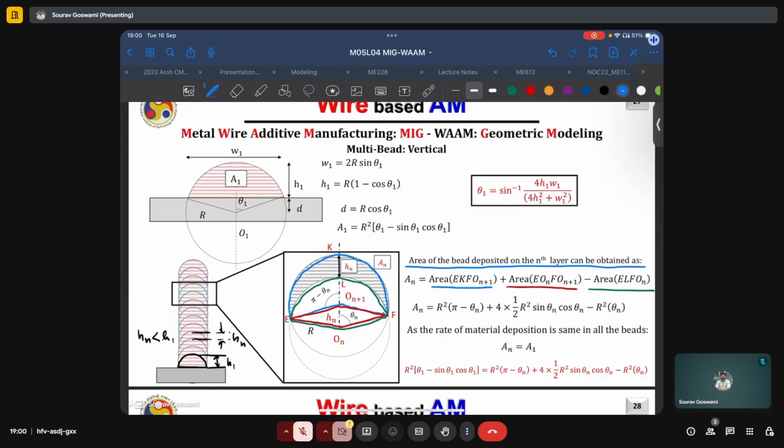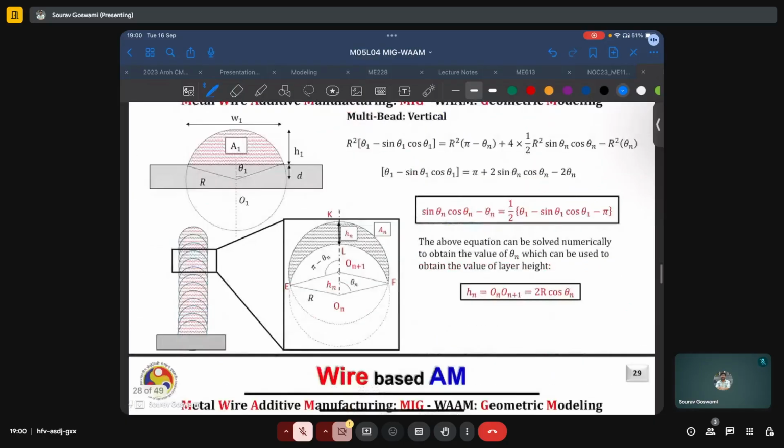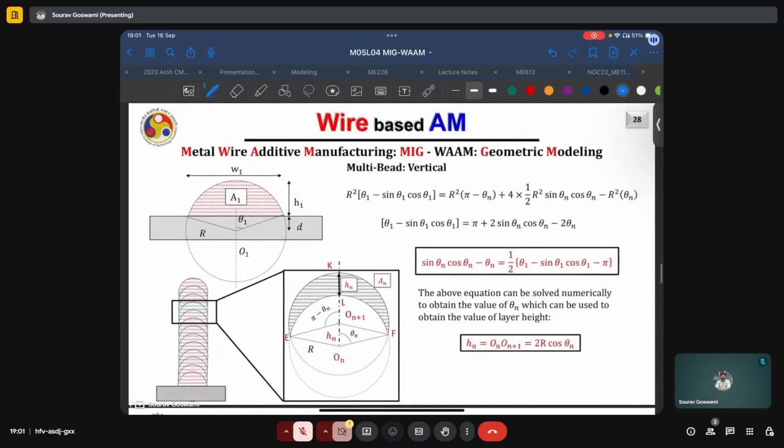And this gives us an additional relationship where we have r squared (theta 1 minus sin theta 1 cos theta 1) equals r squared (pi minus theta n) plus 4 into half r squared sin theta n cos theta n minus r squared theta n. And upon further simplification, this will give us the relationship sin theta n cos theta n minus theta n equals half (theta 1 minus sin theta 1 cos theta 1 minus pi).